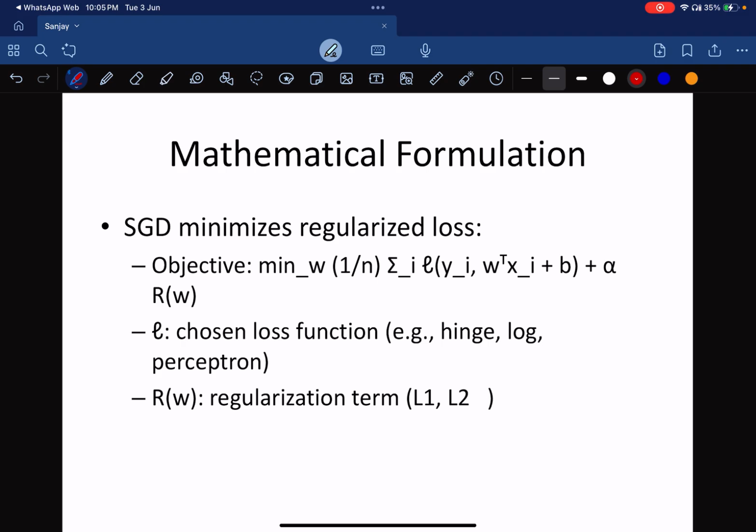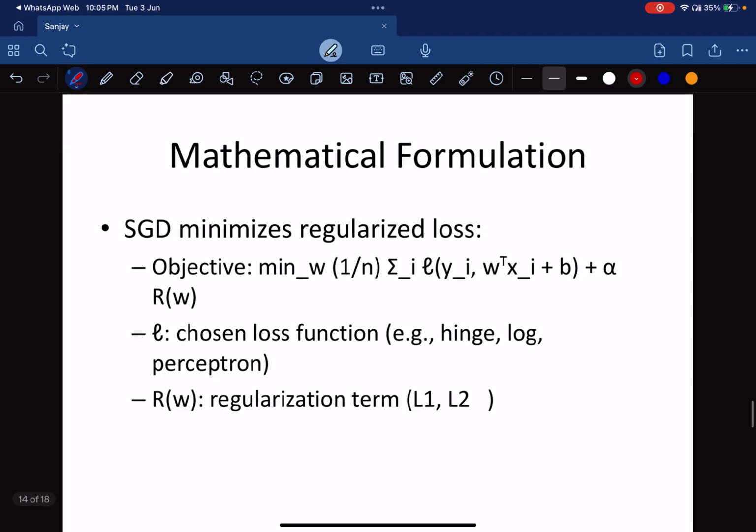The regularization term is what prevents overfitting. If all the data points are near a pattern, and some data points are far away from this pattern, then because stochastic gradient descent updates the weights based on a single data point, for this data point it will update the weight much more than the pattern suggests. So regularization helps with this kind of problem, updating the weights based on the pattern. What it will do, I will tell you later.